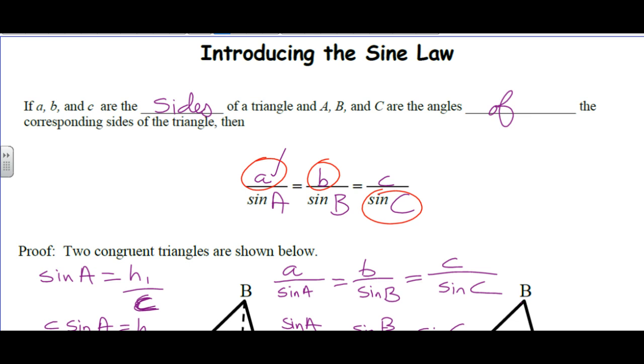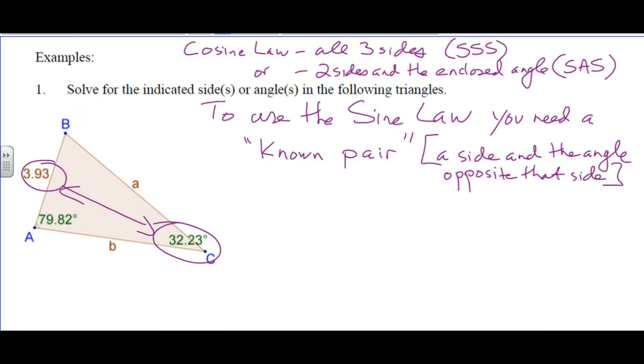A known pair is one of these guys, right? A side and the opposite angle. If I know this, this, and this, I can't solve this, right? Because no matter how I group these guys, I've got 2 unknowns. If I use these 2 here, there's still 2 unknowns. And if I use these last 2, there's still 2 unknowns. You can't solve an equation that has 4 quantities and 2 unknowns. Can't be done. You need to have 3 quantities.